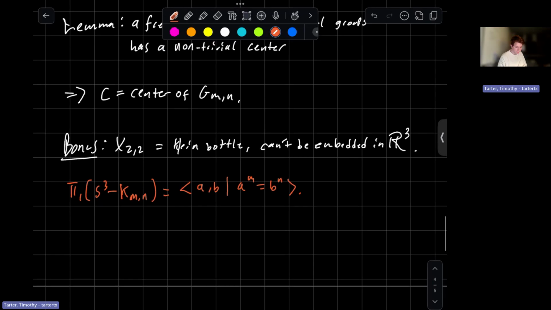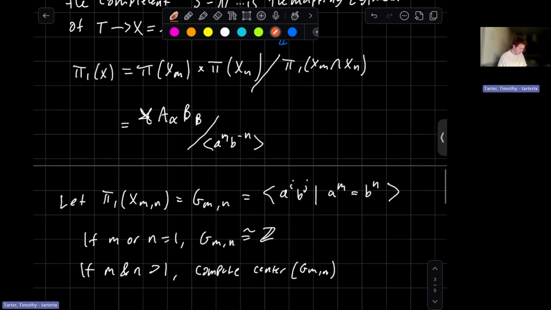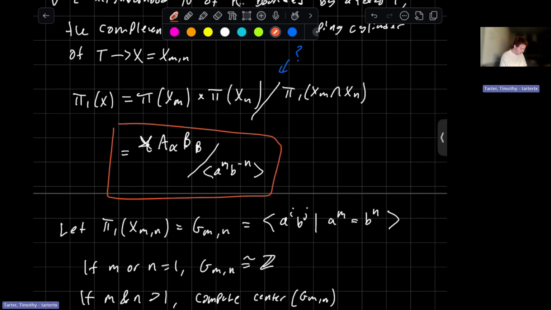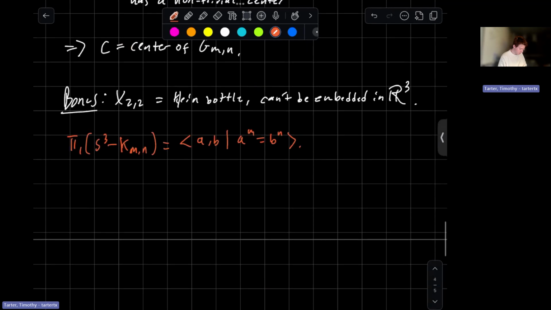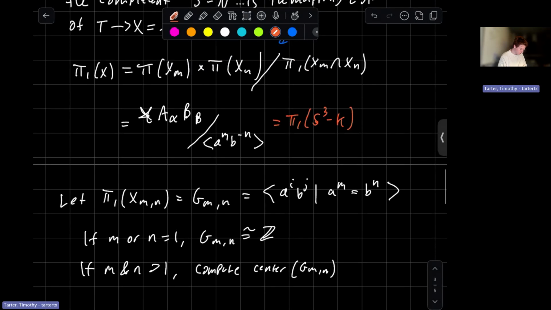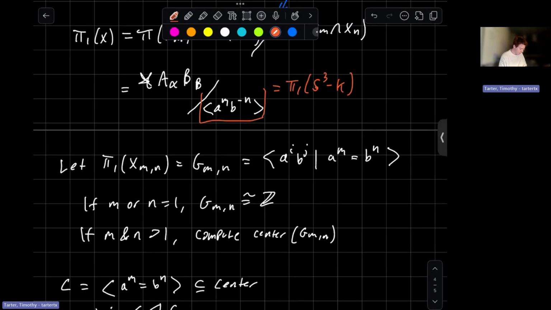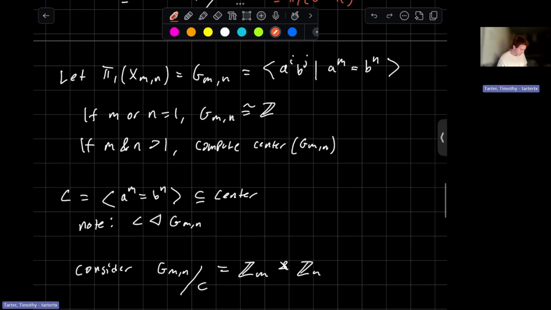And notably that this is obtained, so up here, this whole free group thing, this is pi 1 of S3 minus K. Since the mod equivalence here, if AM is equal to BN, then this is equal to 1, right? Because it's A to the M, A to the minus M is equal to A to the 0 is 1.